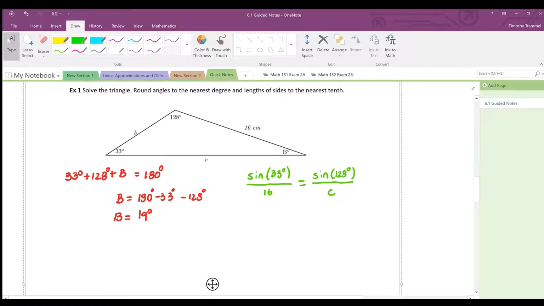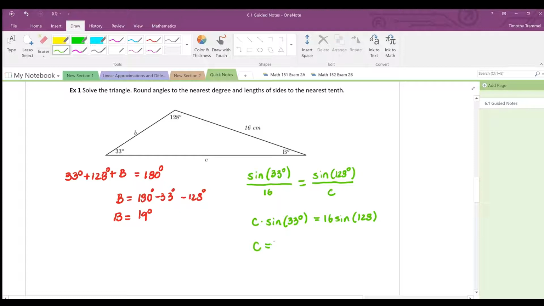There we go. So why don't we start off by cross multiplying? If we cross multiply here, we're going to get C times sine of 33 degrees is equal to 16 times sine of 128 degrees. And then we'll divide each side of the equation by sine of 33 degrees.